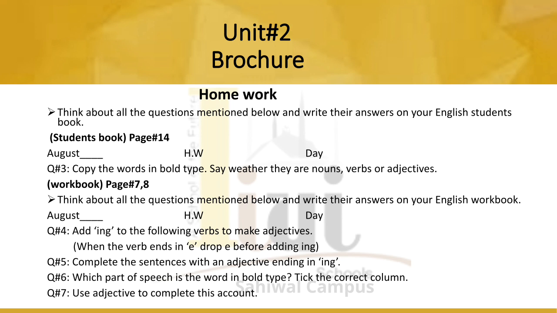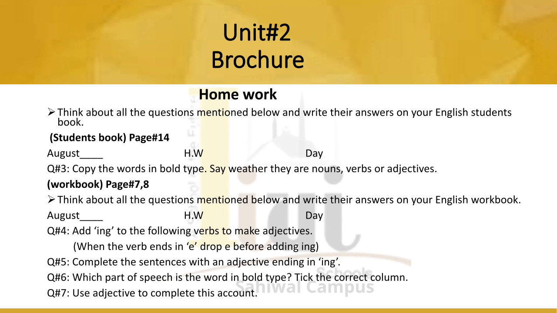Question number 7. Move to page number 8 of your workbook. First, we will discuss question number 6. Which part of speech is the word in bold type? Tick the correct column. So here it is the same question just like question number 3 in your student's book. You have to choose whether a sentence has a verb, noun, or adjective.